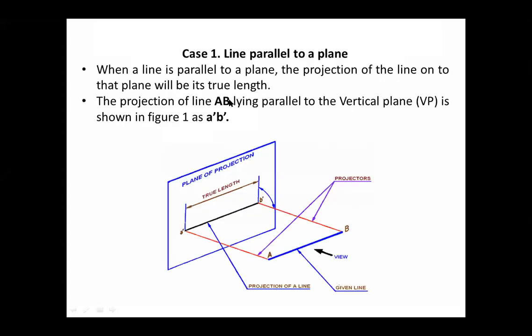So now, the first thing: a line parallel to a plane. When a line is parallel to a plane, the projection of the line on that plane will be its true length. This is the most important thing. You all mark this down and write it in your notebook.